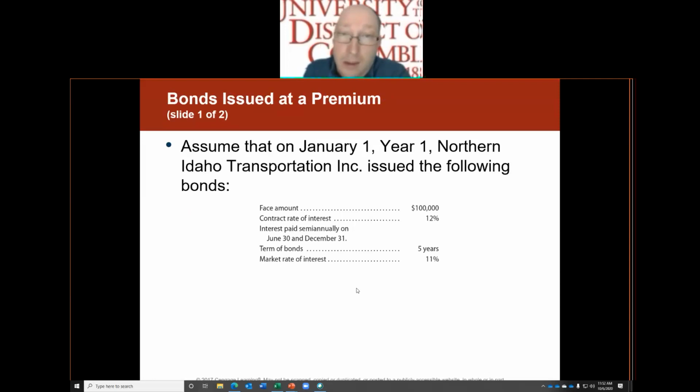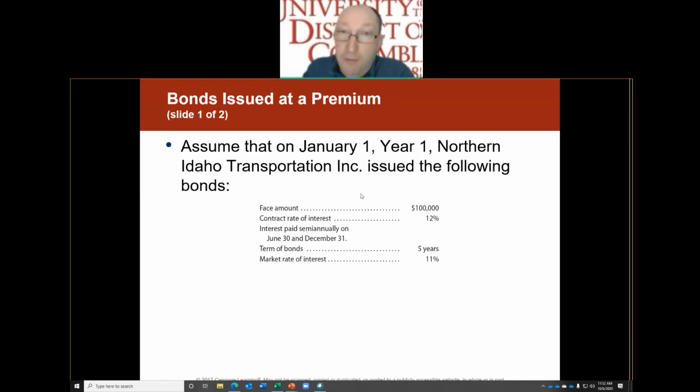Okay, let's look at it from a premium perspective. We just saw it from a discount. Now let's look at it from a premium. Again, face amount, $100,000. The contract rate on the bond is 12%. It's 5 years in length. The market rate in this case is 11%. So now we're looking at it from a premium.